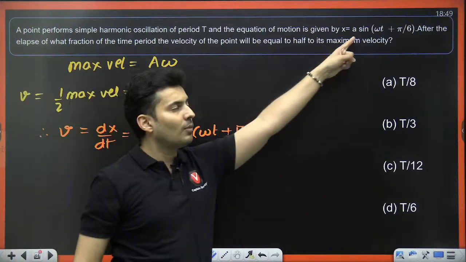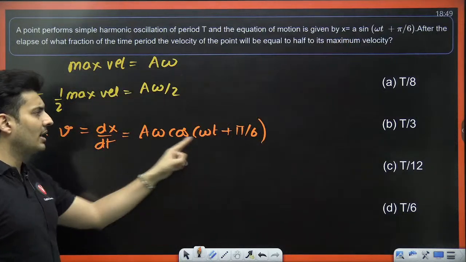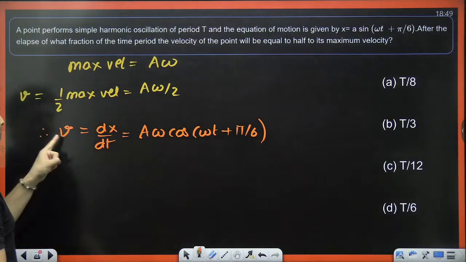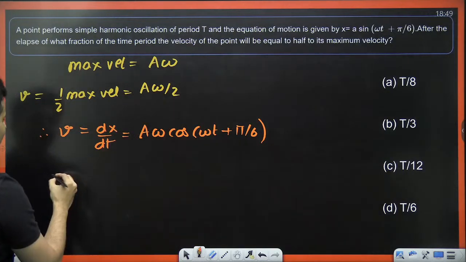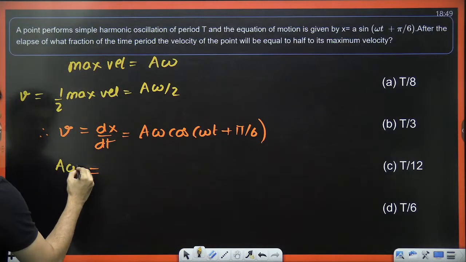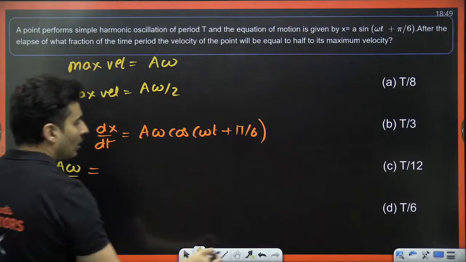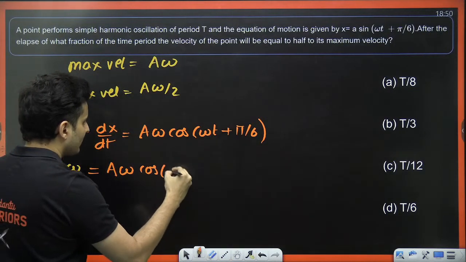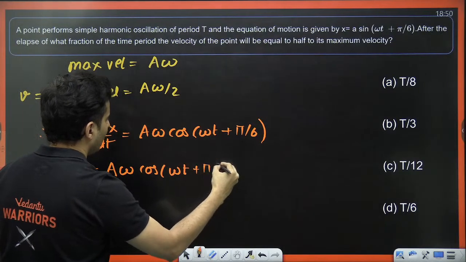I've just taken this equation and differentiated. I get this, which is a standard thing which you would have memorized by now. But v is A omega by 2. What is v, my dear warriors? V is nothing but A omega by 2, equal to A omega cos(omega t plus pi by 6).